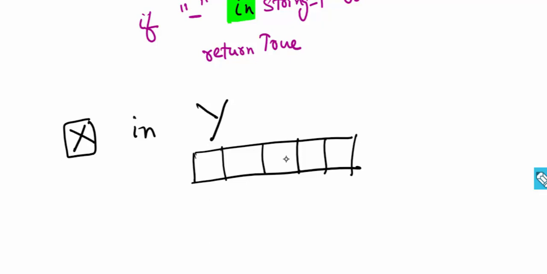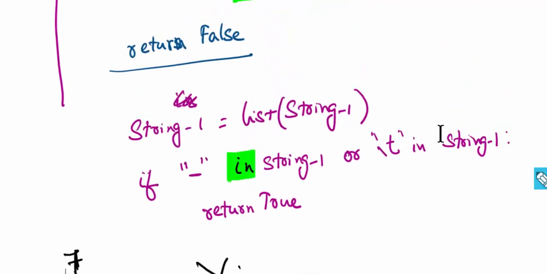For example, if y is a sequence of numbers 1, 5, 3, 2, 1, and you say 1 in this list, it returns true. If you say 7 in this list, it returns false. So it's basically a shortcut to what we are trying to do here.